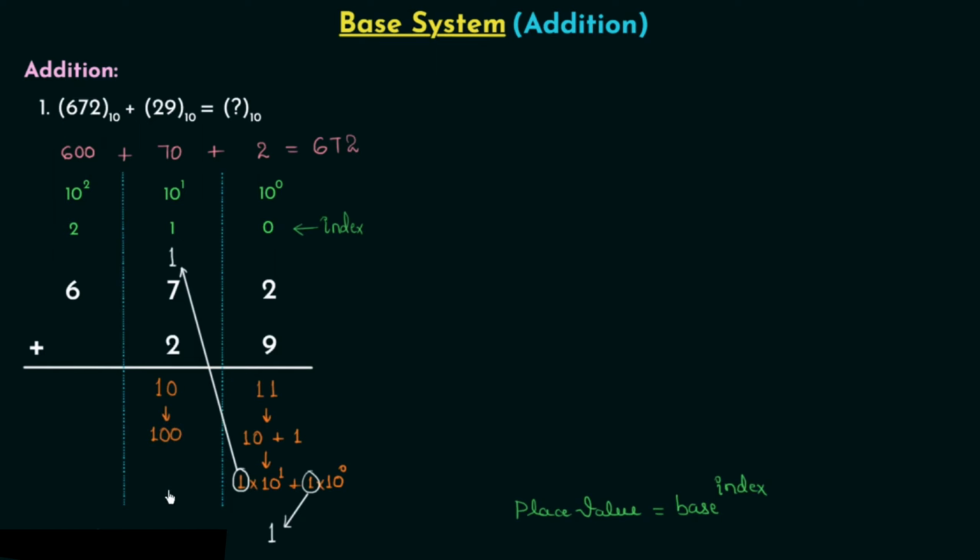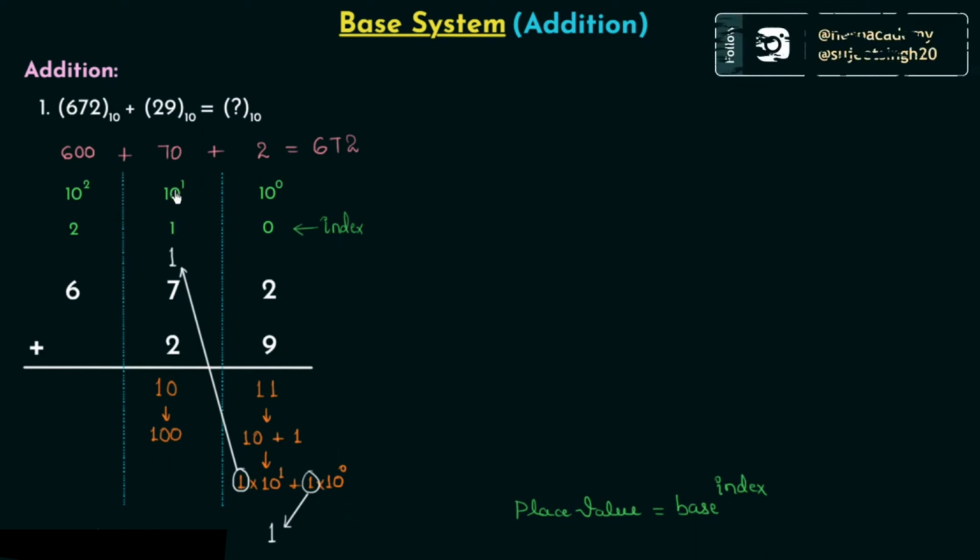100. 100 we can write as 1 multiplied to 10 raised to power 2 plus 0 multiplied to 10 raised to power 1.